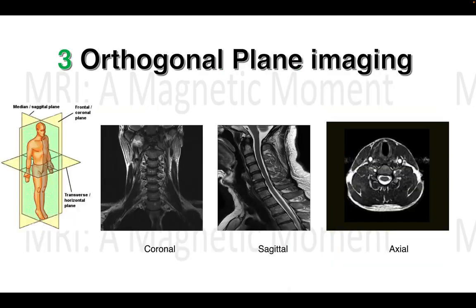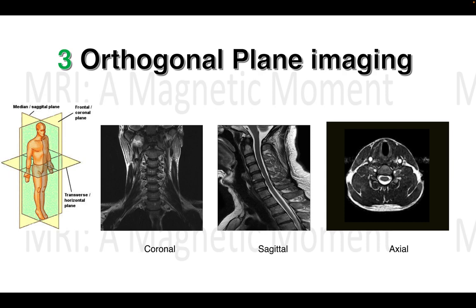All right, in this slide, we see the orthogonal plane. So, orthogonal simply means 90 degrees from each other. So, two lines or planes are orthogonal if they are at right angles to each other, like 90 degrees to each other.